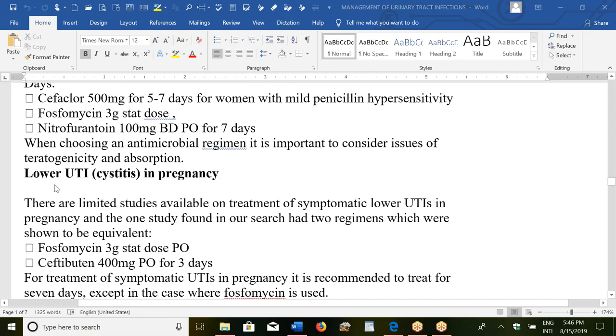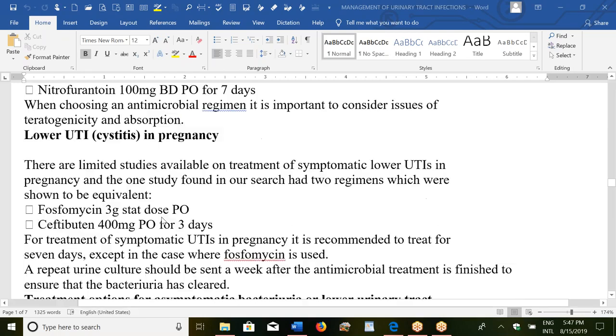If your patient has low UTI in pregnancy, that will be cystitis, infection of the bladder. So how will you manage her? There are limited studies available on treatment of symptomatic low UTIs in pregnancy, and the one study found in our research has two regimes which were shown to be equivalent.